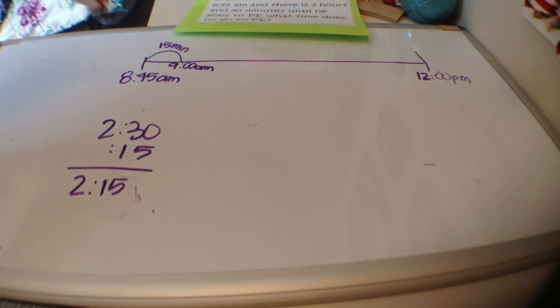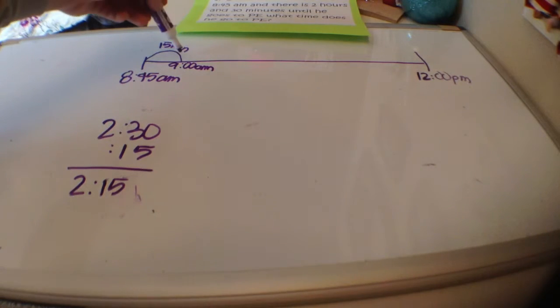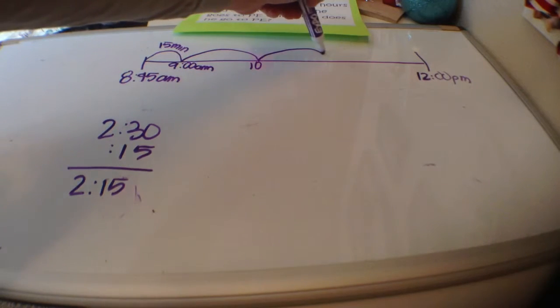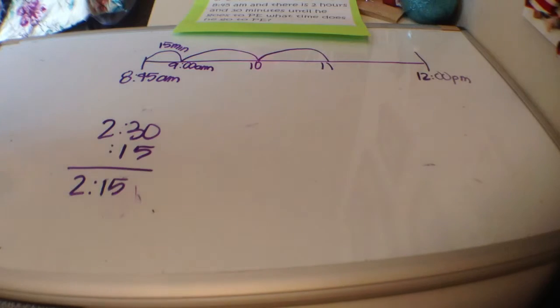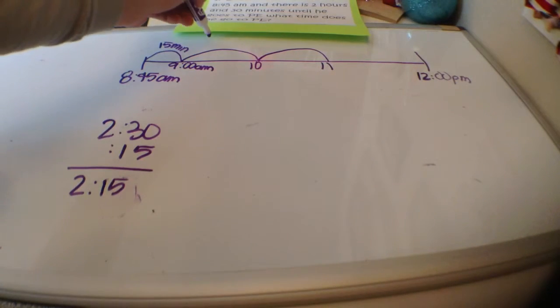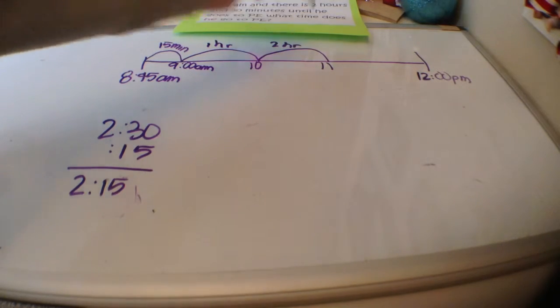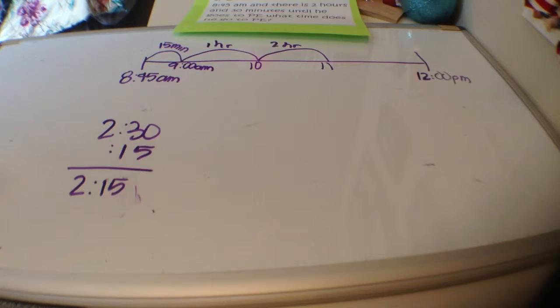Next, since we are at a whole number, we can make 2-hour-long jumps. So we will go from 9 a.m. to 10 a.m. and then again to 11 a.m. So now 1 hour and 2 hours have passed.